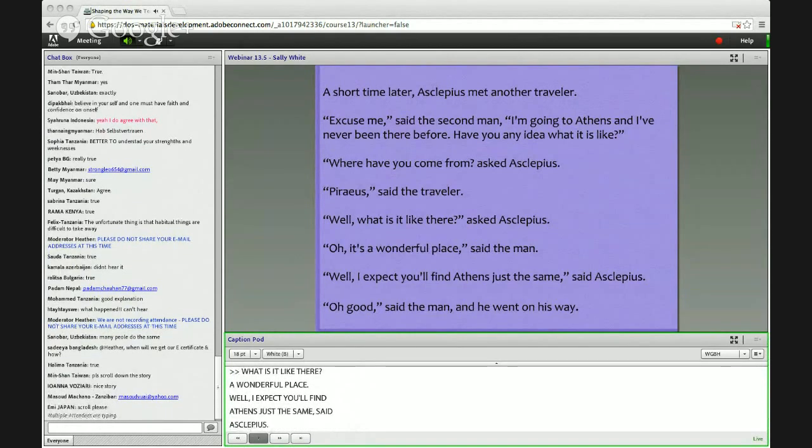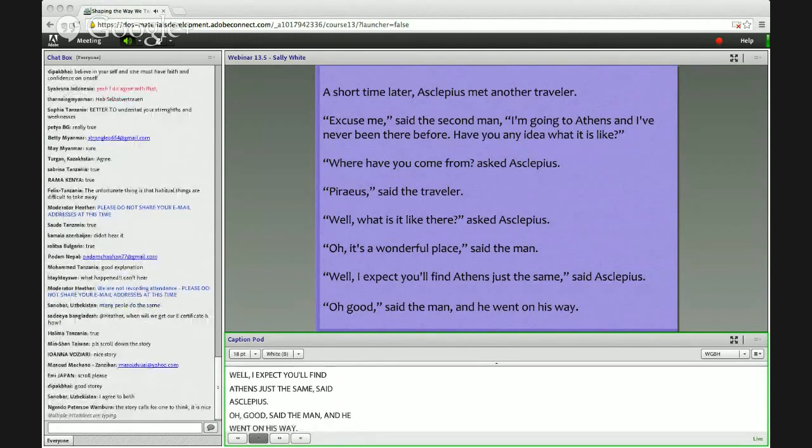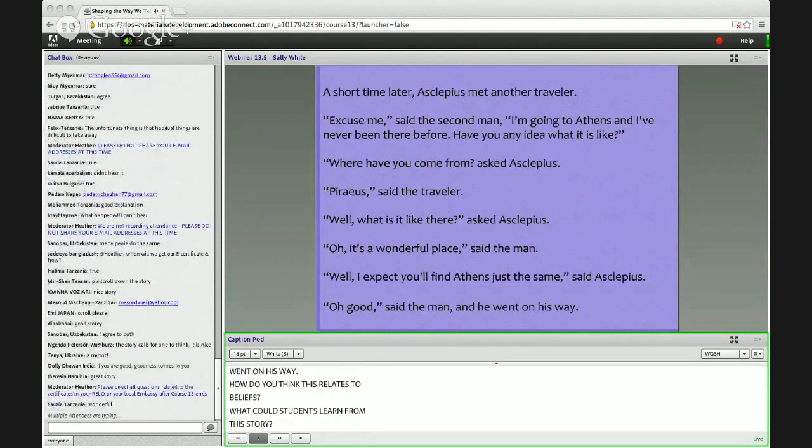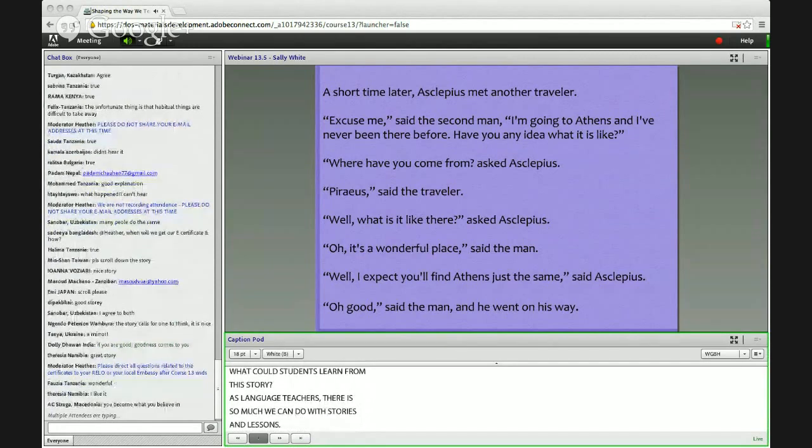So, how do you think this relates to beliefs? What could students learn from this story? As language teachers, there is so much we can do with stories in lessons. We can make the story come alive through having students act it out to practice fluency. We can work with the verb tenses or quoted speech.